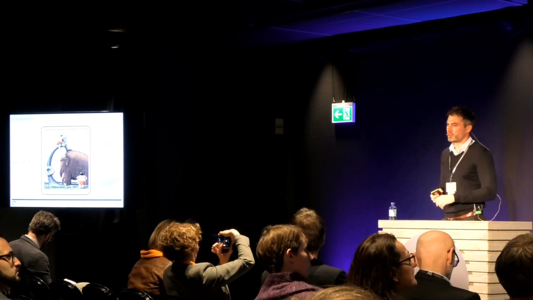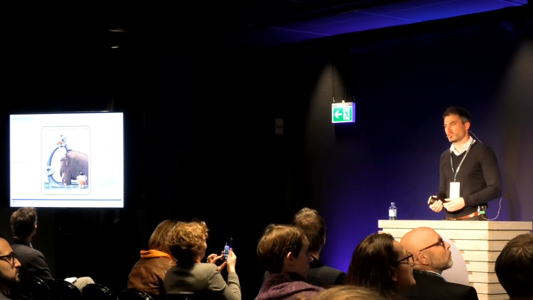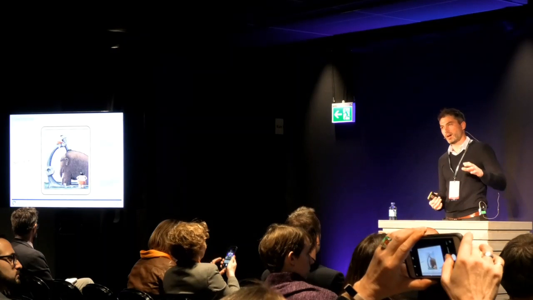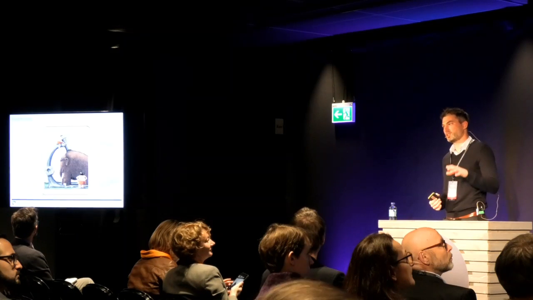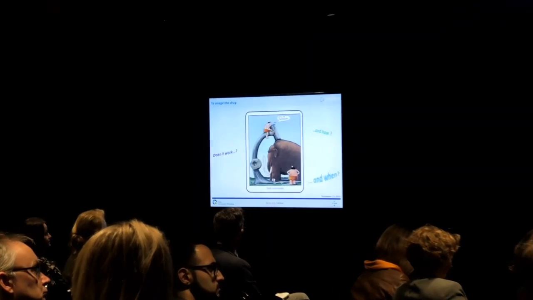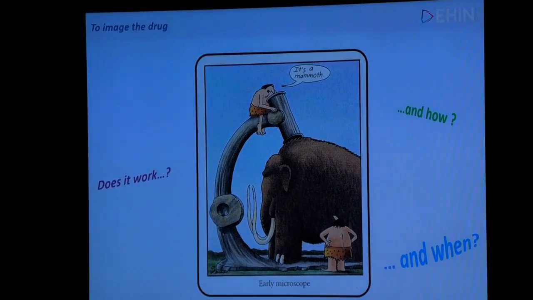So as imaging people with this disease, what we want to do in terms of therapy in cancer is identify what the drug is doing to the patient. We want to understand if it's working, we want to know how it works, and in what patient it actually works.